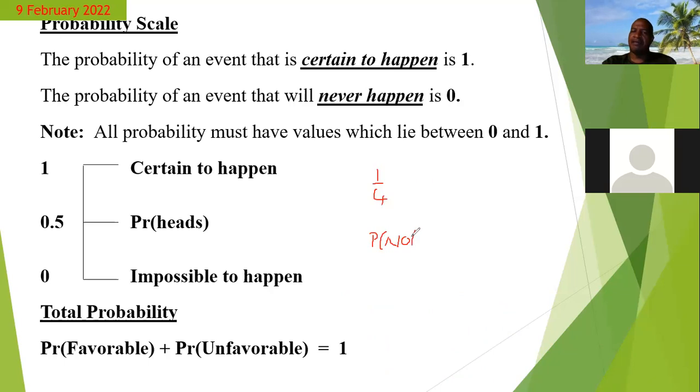Let's say we have some bars, and let's say the probability of red bar is equal to a quarter. What's the probability of not red bar? That would simply be 1 minus a quarter. And we can simplify this. We can convert 1 into a fraction by putting it as 4/4.